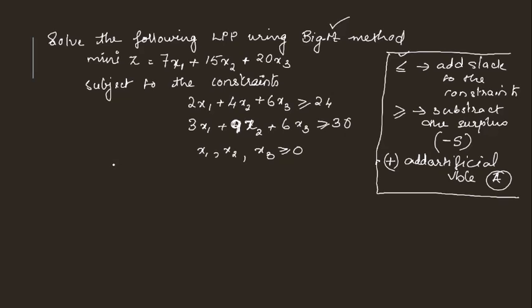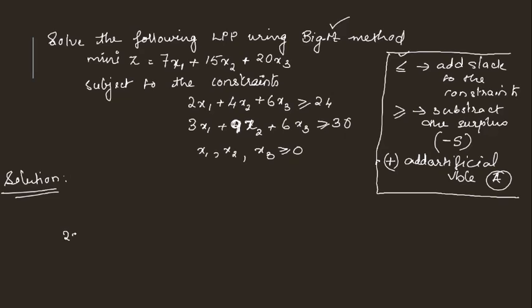So let's see how you can modify your constraints. I'm leaving a space over here so that I can write the modified objective function.